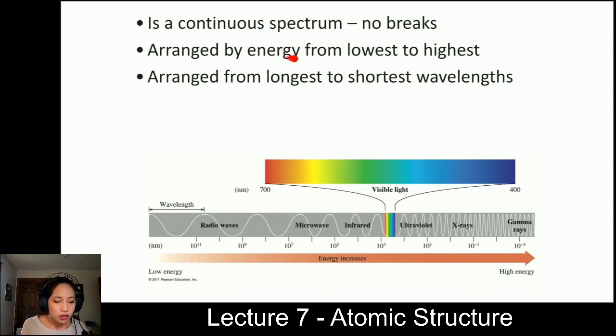So we can arrange the different kinds of electromagnetic radiation by energy, like you see here. We can also arrange them by shortest to longest wavelength, and I'll get into the details about that, but essentially radio waves have the longest wavelengths, and gamma rays with the most energy have the shortest wavelengths.